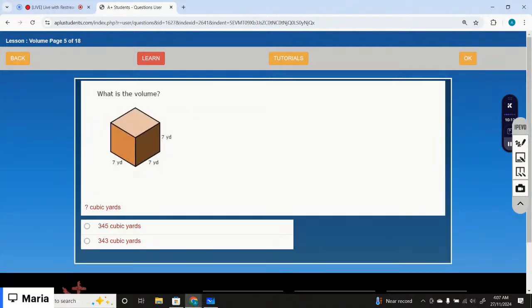What is the volume? Which is the correct option? 7 times 7 times 7. So which is the correct option?